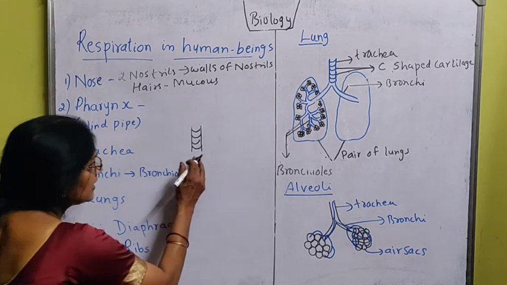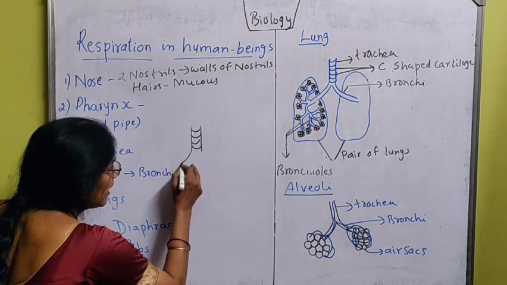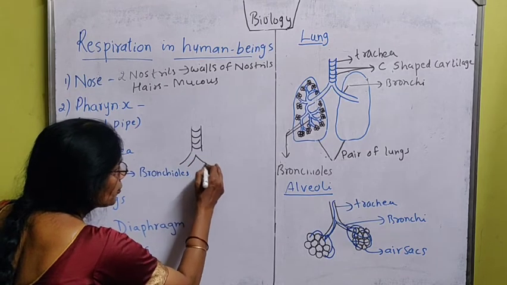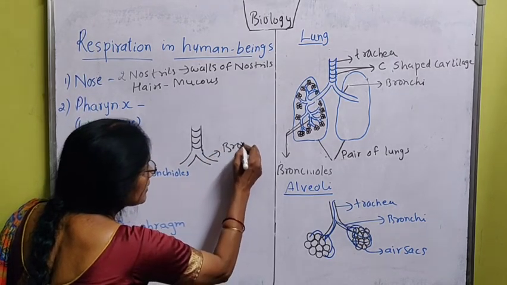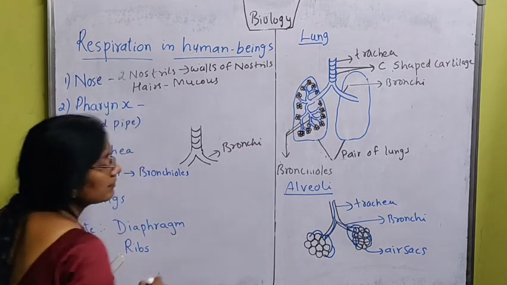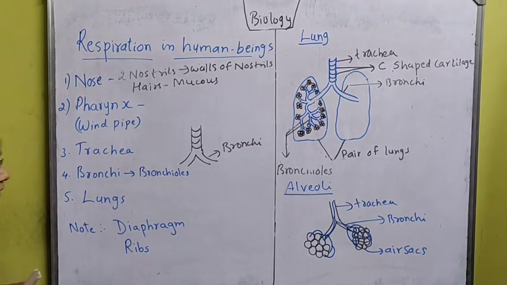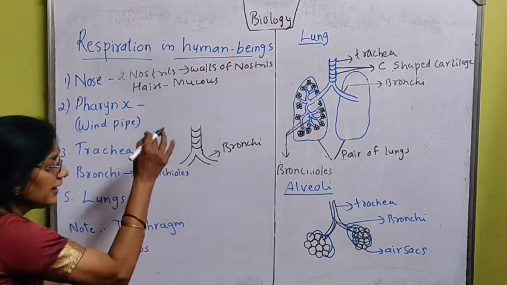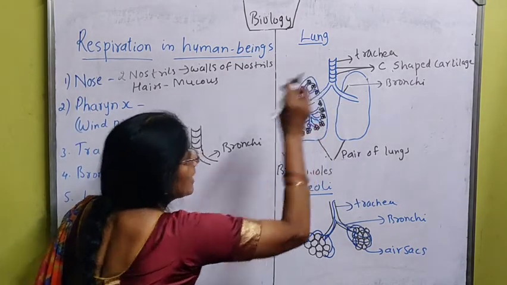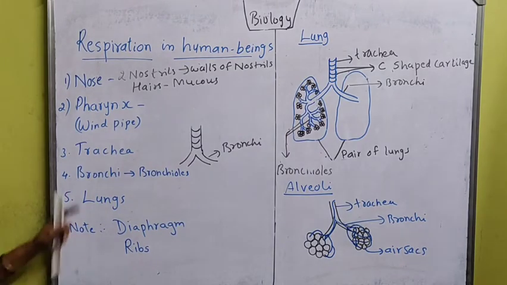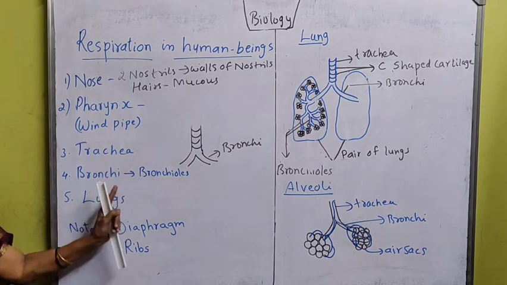Then further, this trachea is divided into two branches, and these branches are called bronchi. Each bronchus enters into each lung.